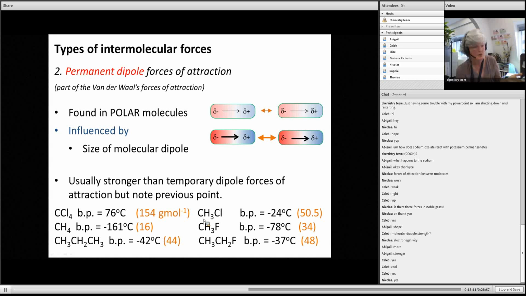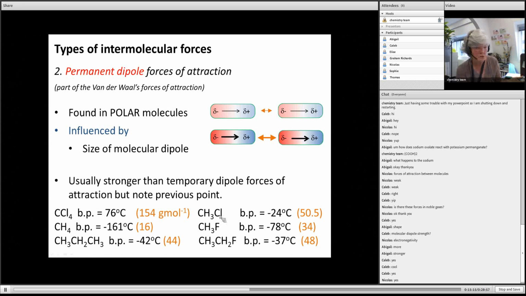If I have chloromethane, that's a polar molecule, because although it's tetrahedral, the types of the atoms around the central atom are not the same, so the molecule is asymmetrical. So it's going to have your permanent dipole forces of attraction. But can you see it's a gas at room temperature?